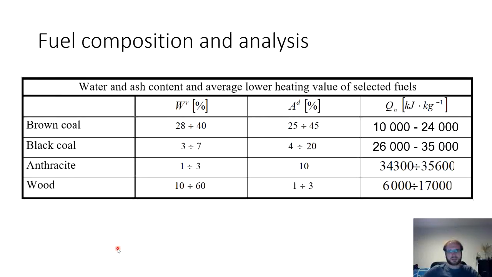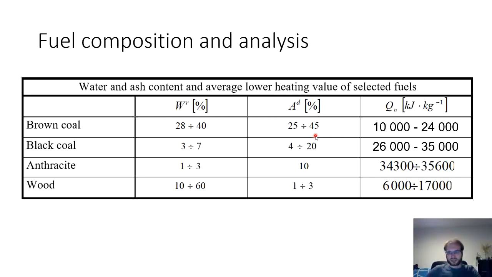Now let's just have a look at some typical fuels and their water and ash content and lower heating value. We can see that brown coal typically can have rather high water content compared to black coal or anthracite. Also, brown coal typically has a very large amount of ash.